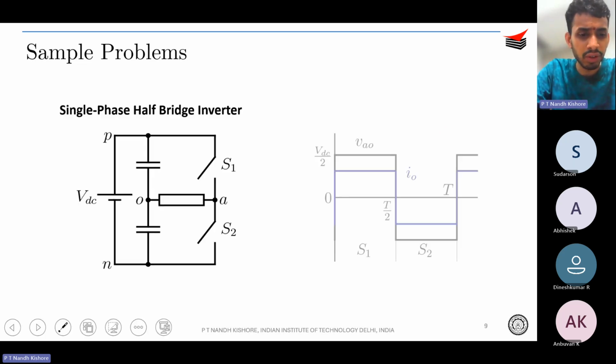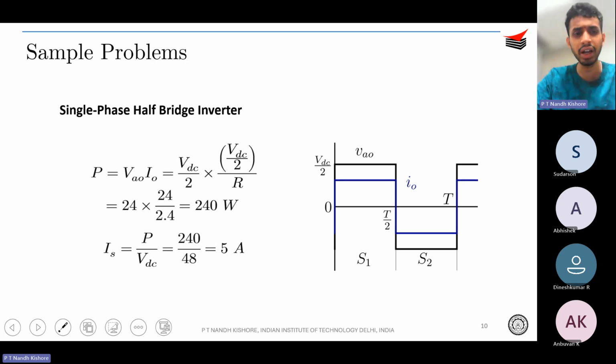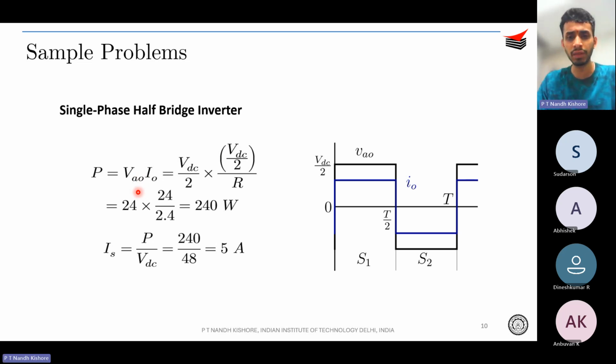That's what I have done over here as well, right? P is simply VA naught into I naught. That's your output power. So what is VA naught? As we can see, VA naught is simply VDC by 2. And what is I naught?